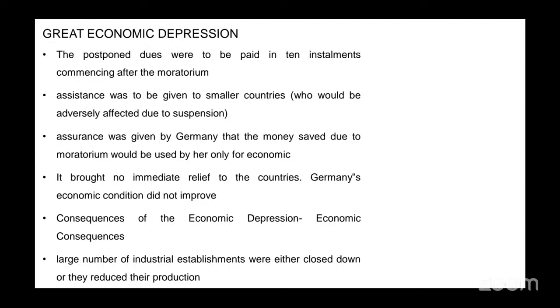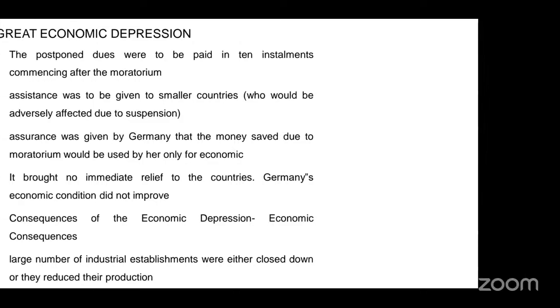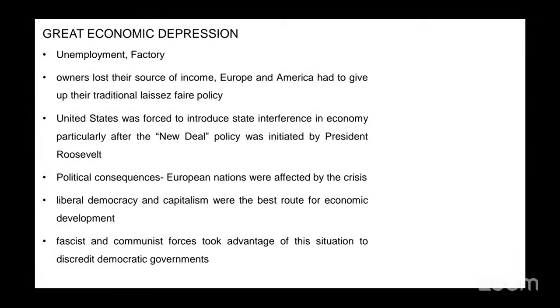So now let us understand the consequences of the economic depression. The first such consequence is economic consequences. A large number of industrial establishments were either closed down or reduced their production, because there was unemployment, the purchasing power of people had decreased, and overproduction by the companies had been making products available at cheaper prices. This did not let the economy function properly.